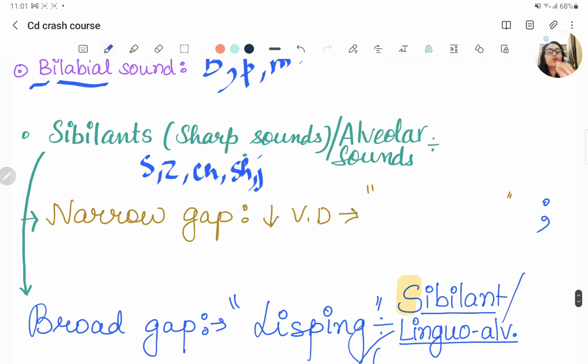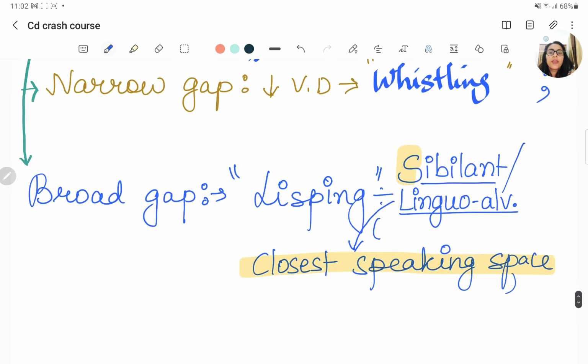If you reduce the gap, or reduce the VD, there will be a whistling sound, like a whistle. They will say S, S. There will be a narrow, whistling sound. If you increase the gap, if there is a broad gap, there will be lisping. So the S sound will be produced as esh, esh.